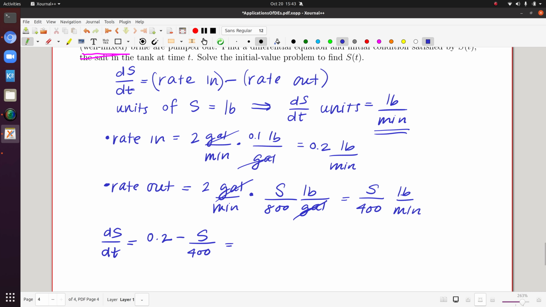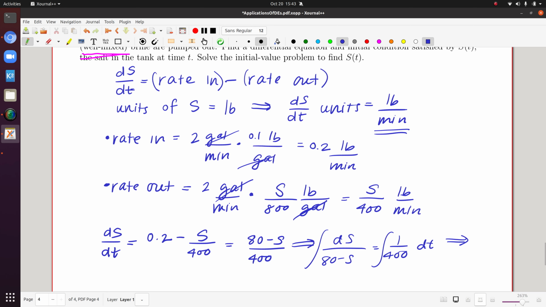But I'll point out that maybe an easier way of writing this is to get a common denominator. Again, not required. But this way, I could just bring the 80 minus S over and leave that 1 over 400 on the right-hand side. Not required, but just a little bit cleaner.